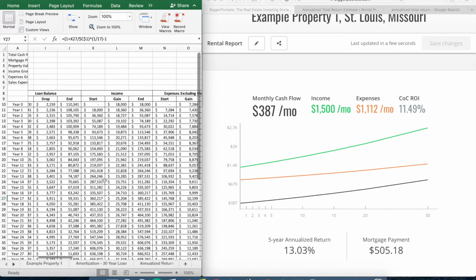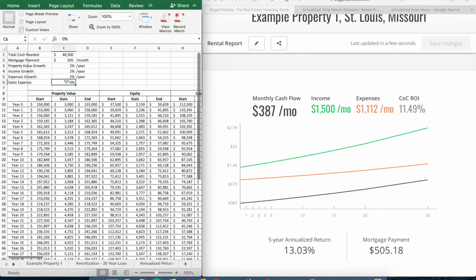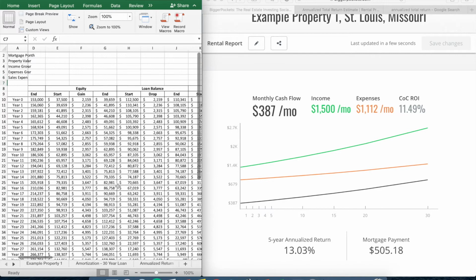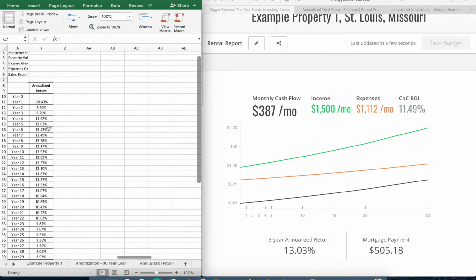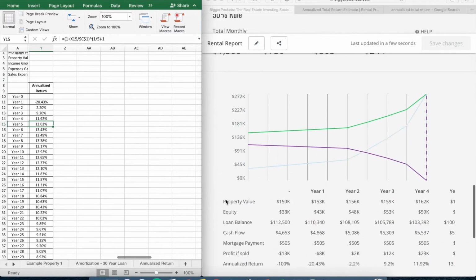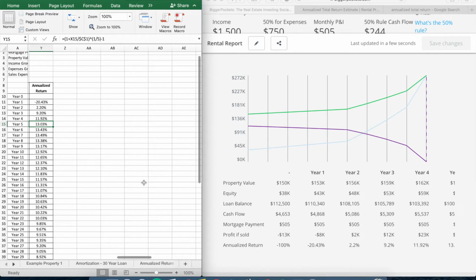And let me double check: if I go back and update my sales expense on my Excel to 10%, and then go back to the annualized return, the 5-year is also 13.03%. And if we go down to the further examples, they show minus 100% for year 0.